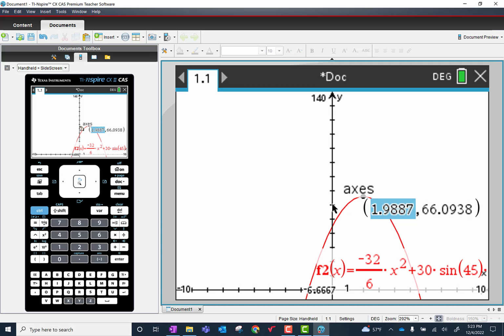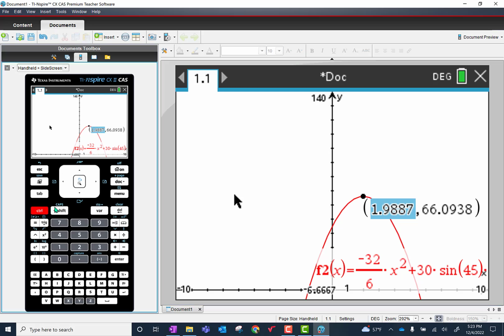See right at the top, this blue S2 STO, I'm going to hit Control VAR, so that's storing it. And I'm going to call this A. You can call it whatever you want to, but I'm going to call it A. So now I can see this is highlighted and I've stored it as A. So whenever I put in an A, it's going to give me that number.